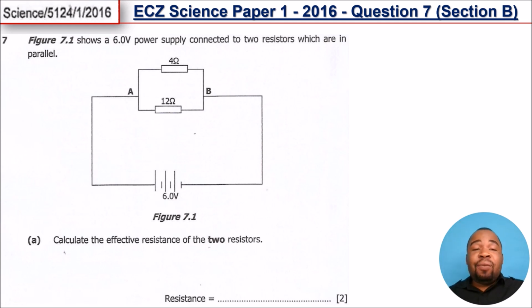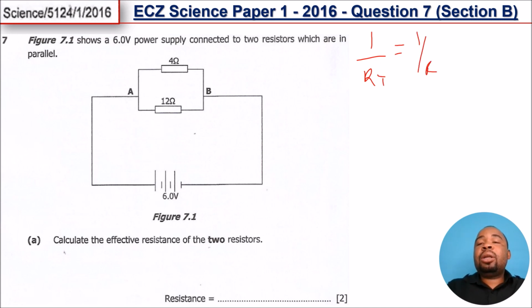Now, we are given another parallel circuit where there are 2 resistors, and we are required to calculate the effective resistance. Like I said before, if you have more than 2 resistors, we go to our equation: 1 over R total is equal to 1 over R1 plus 1 over R2.